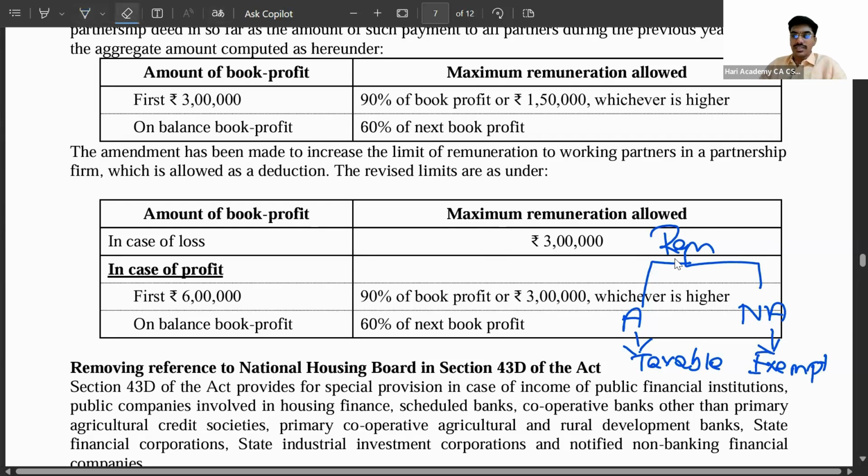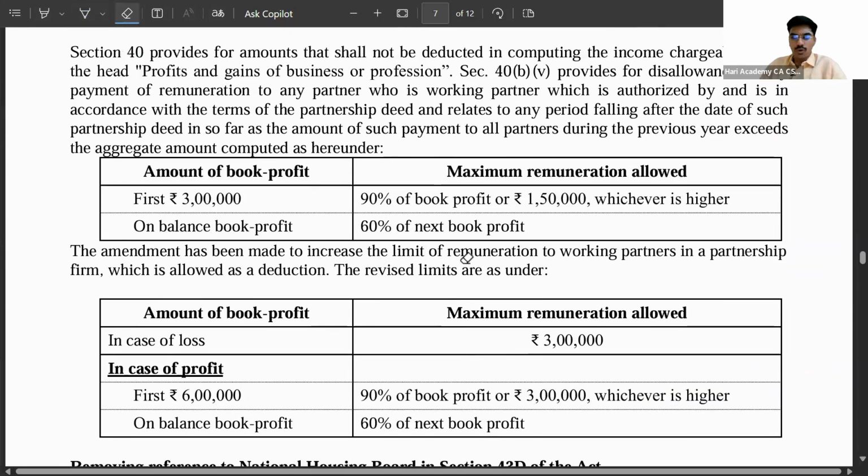Now what they have done is, this limit has been revised, because these limits were introduced way long back. Earlier, in case of loss, you could claim a remuneration of up to rupees 1,50,000. Loss and up to book profit of 3 lakhs, you were allowed to claim remuneration of 1,50,000 put together.